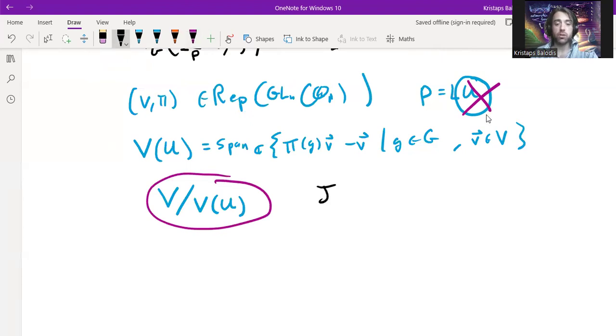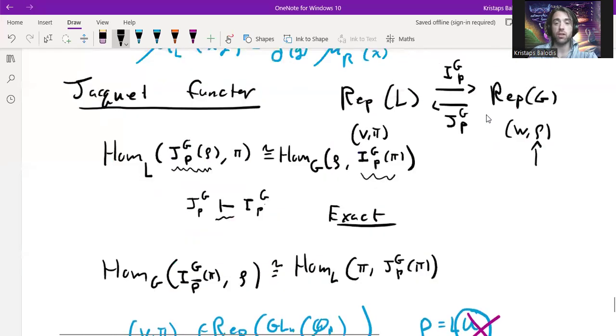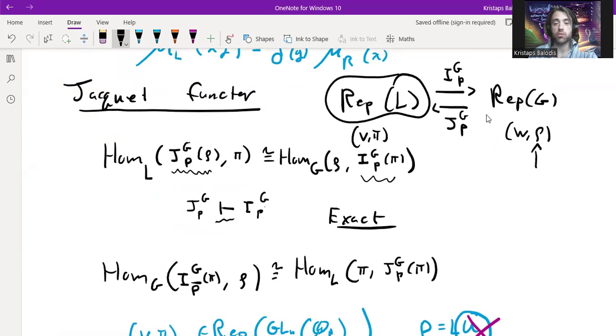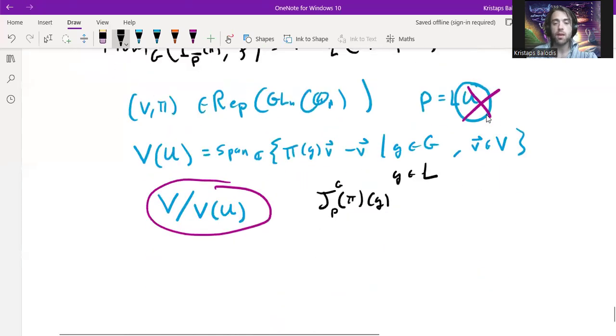And then we're going to define how the Jacquet representation of my original representation acts for a given g in my Levi component, because remember, I want this thing to live in smooth admissible representations of L. I want this to take a vector, which is now a coset, and what I'm going to have it do is, of course, act by my representation.